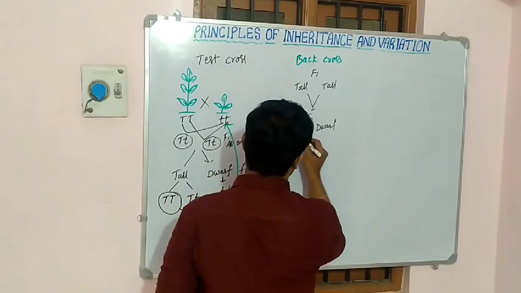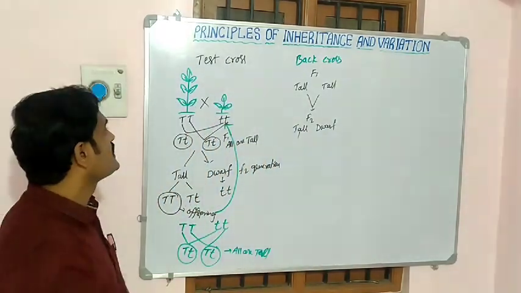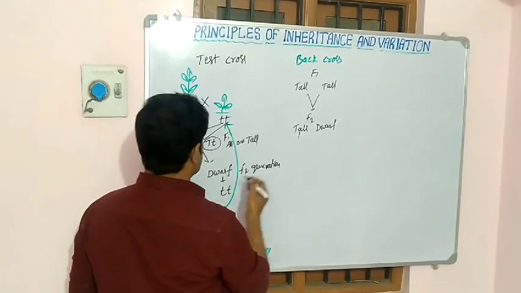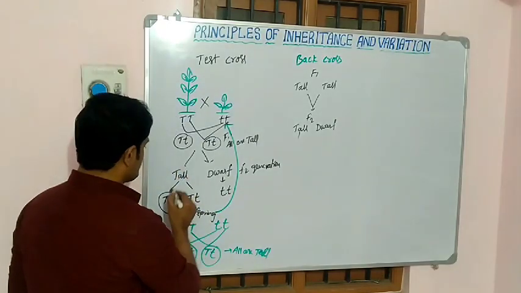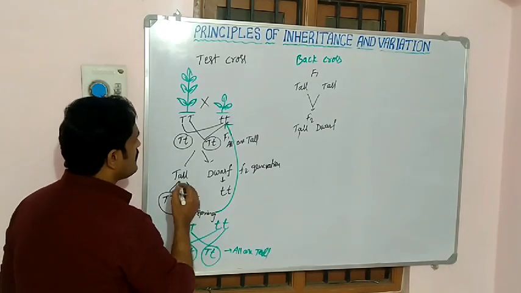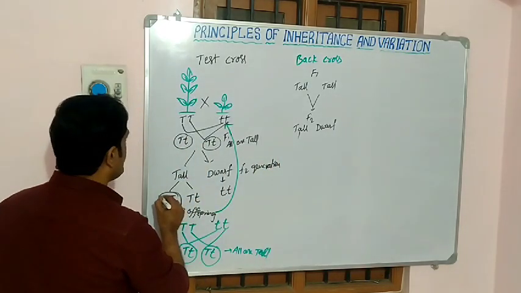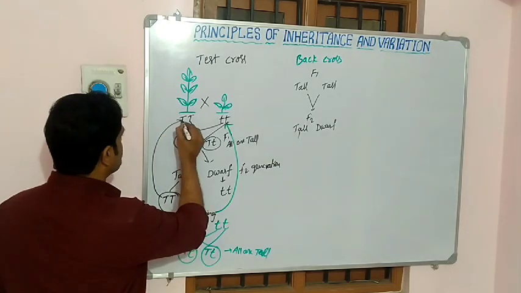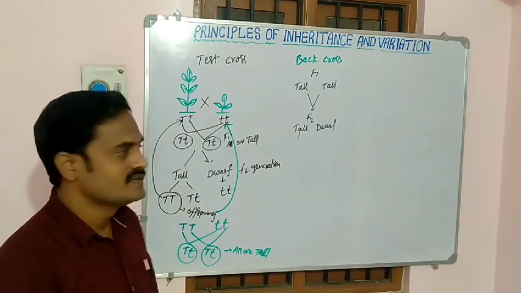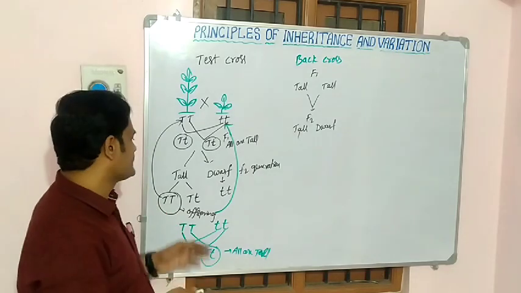Then this tall plant is fused with the dominant character here. See, this is the tall plant, that means the offspring, and this offspring is fused with the dominant character of the parent. Remember, in the F2 generation, what kind of offspring will form?